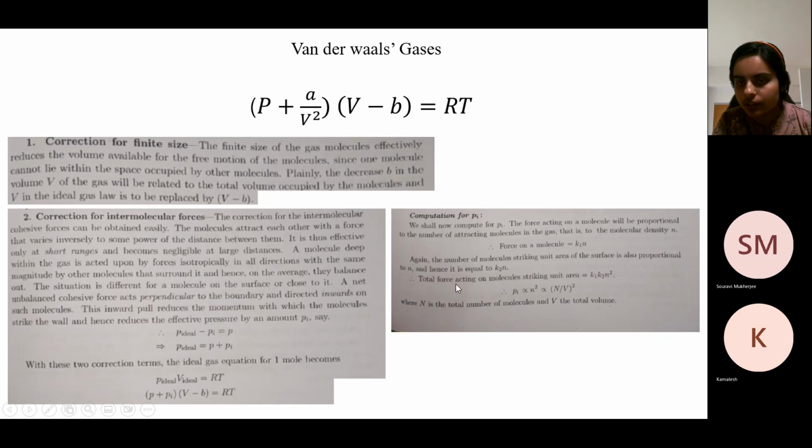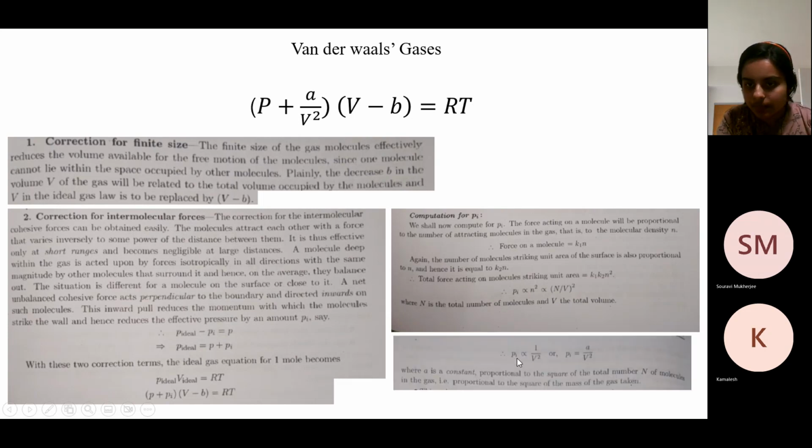So the net force, from which we can find the actual pressure, is proportional to n square, so it has this n square by V square dependence. If you consider Pi to be proportional to 1 by V square, you can write it as A by V square, where A is a constant proportional to the square of the number of molecules. That's how you get to this expression, which is a modification from the ideal case.